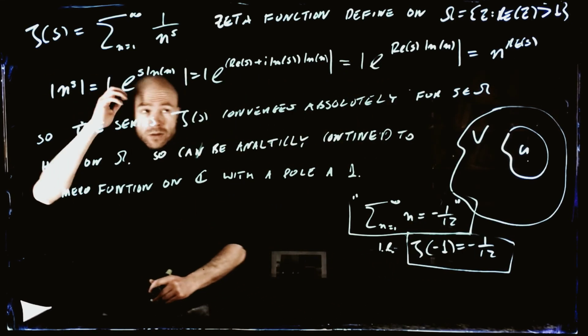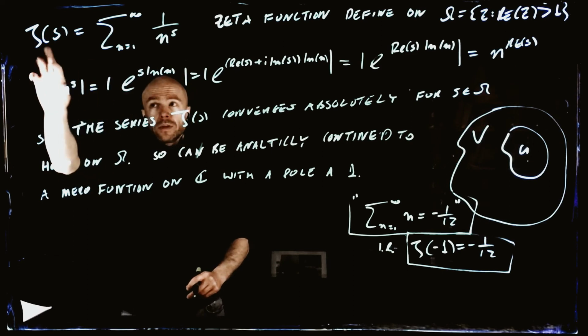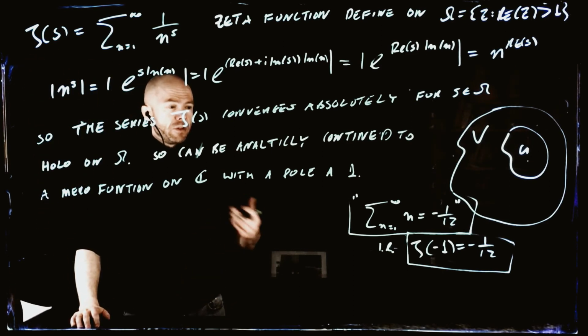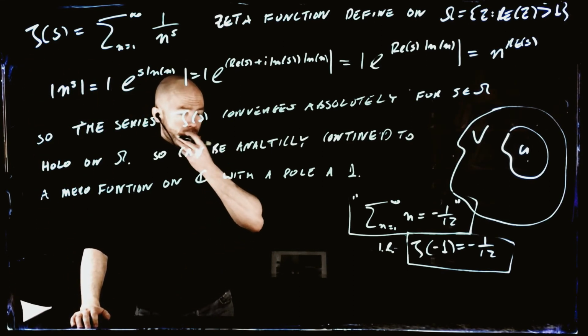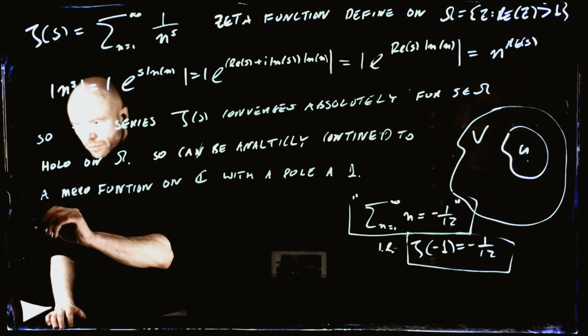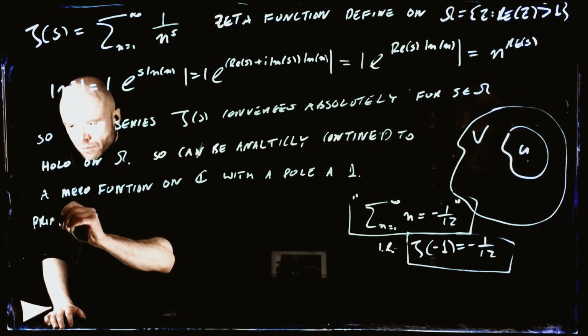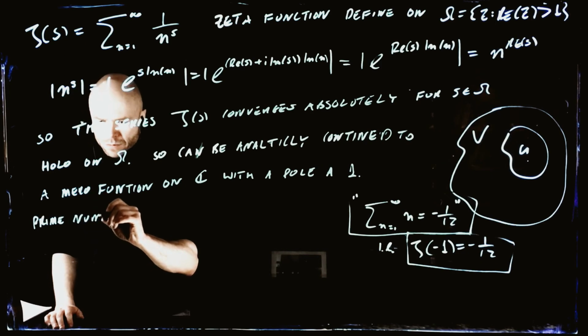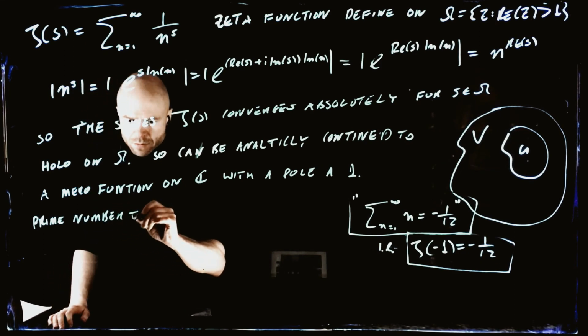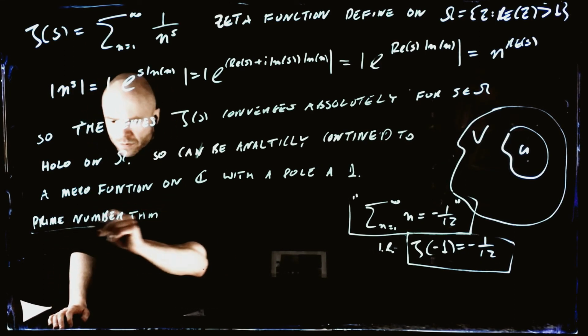So this is of interest in physics as well for numerous reasons. But it was first of interest because of number theory, and it was used to prove the prime number theorem, which is the following.